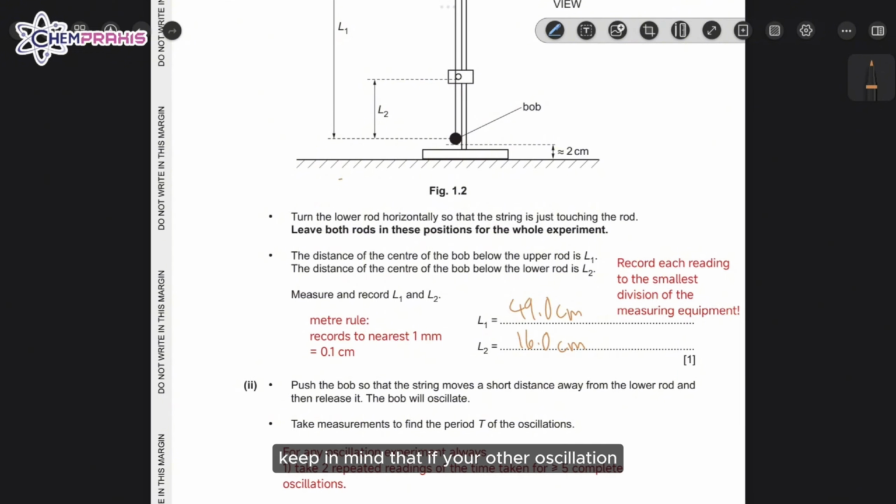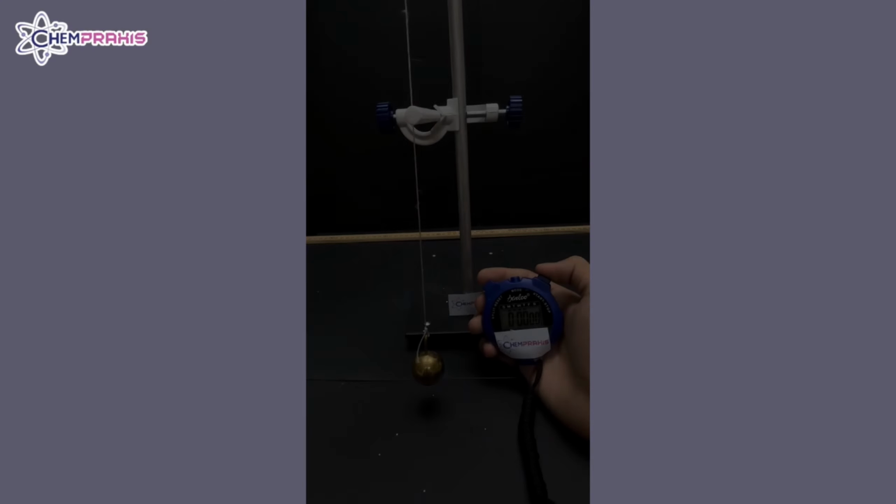Keep in mind that if your other oscillation experiments are unable to complete 10 full oscillations, you can always adjust and take the minimum of 5 complete oscillations. Alright, let's move on to take the measurements.